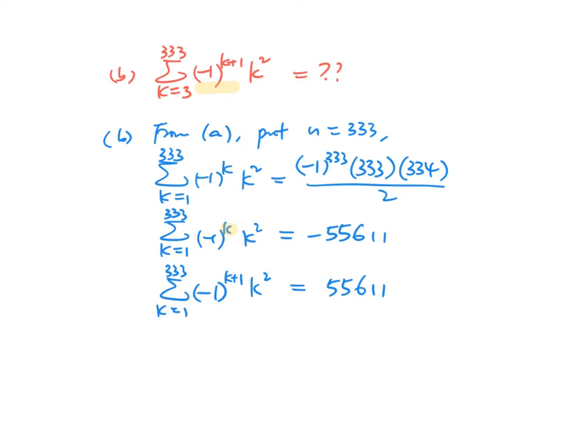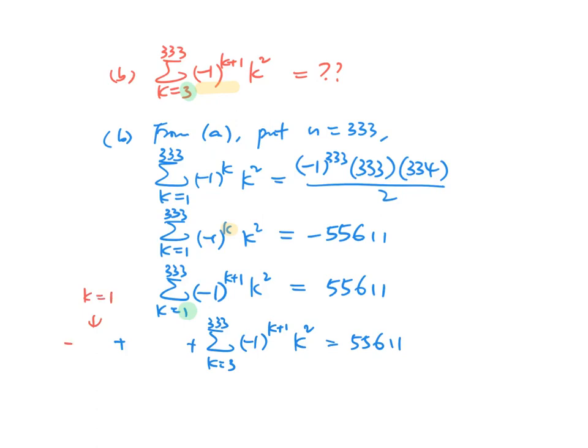Second part is how we deal with the 3 over there. But now we are starting from 1 here. So that's why I would take out the term 1 and term 2 from the formula so that we can move it to the right hand side afterward. So now we do the calculation by ourselves. For the first term, k is equal to 1.